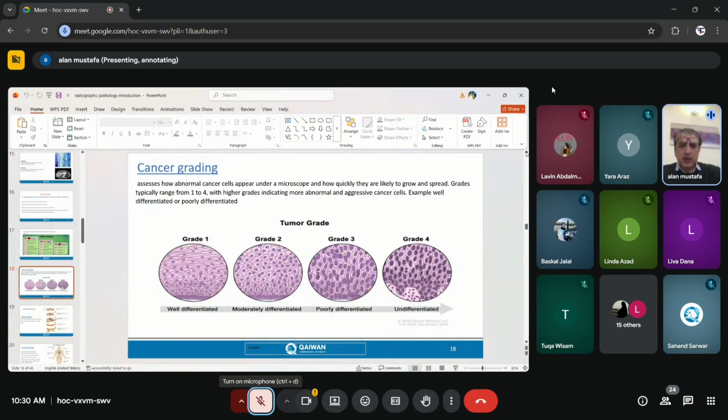Just imagine one thing. If we talk about lung cancer, we have many different types of lung cancer with different names and different origins. Some cancers of the lung are very aggressive.